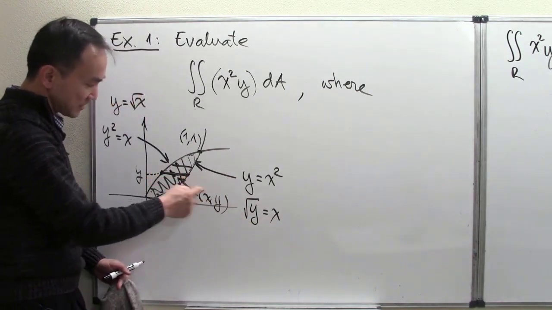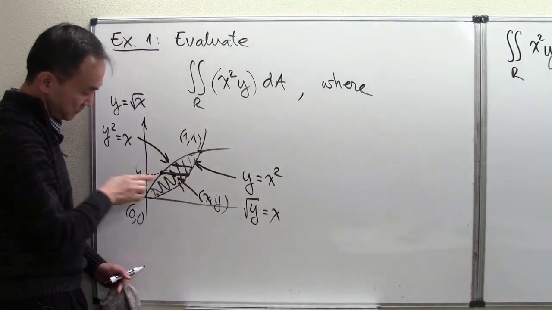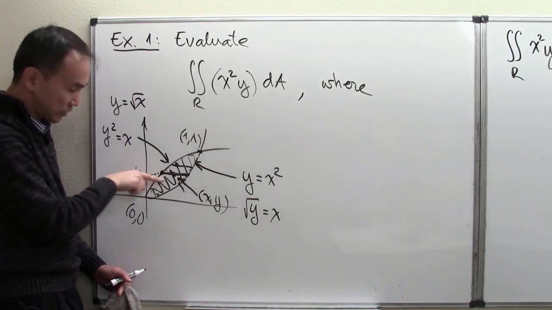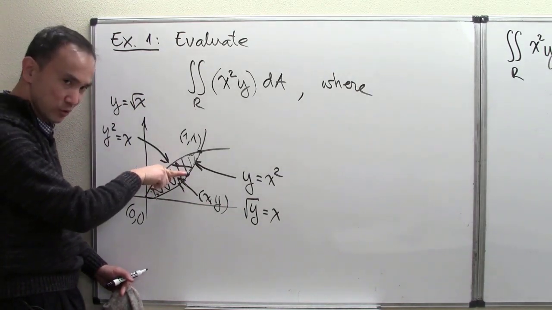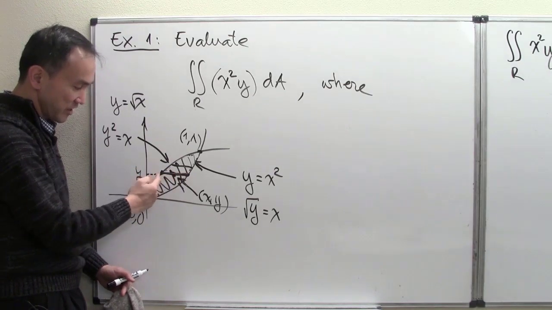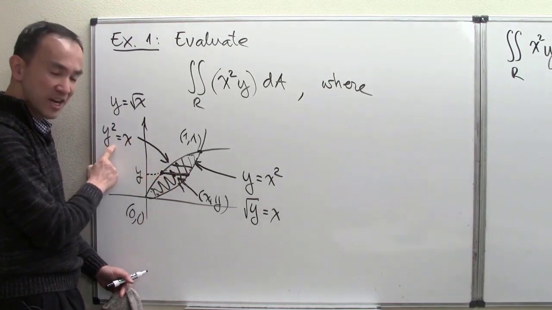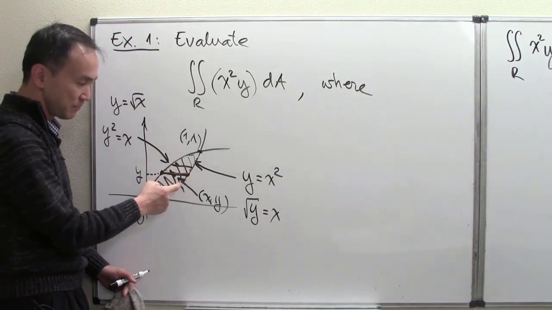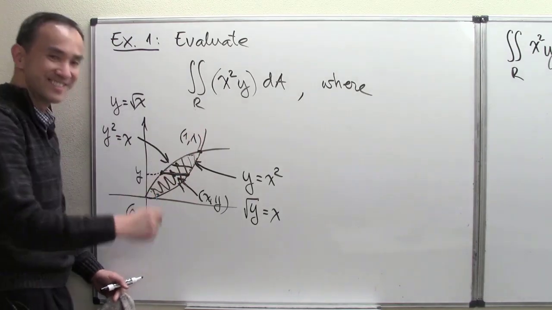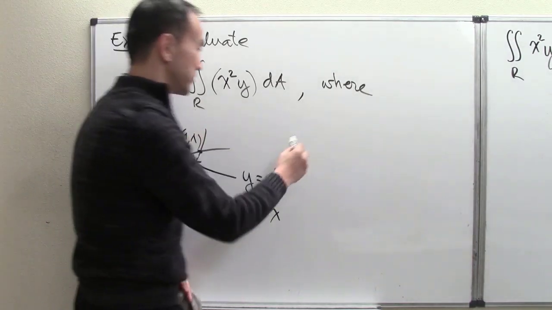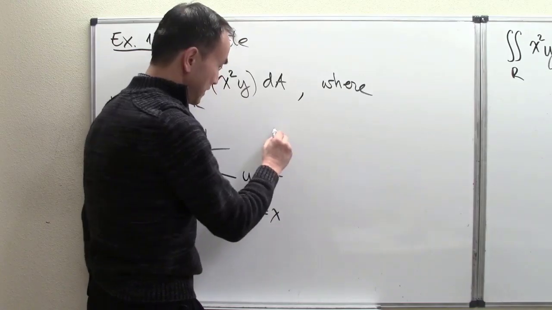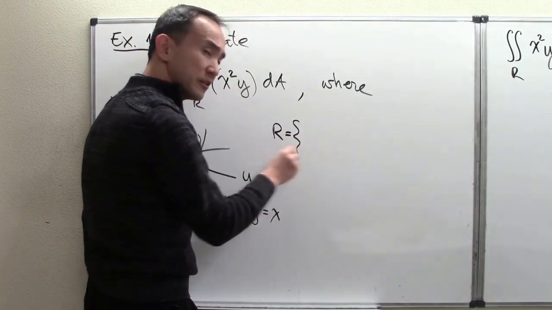So that's how I express this curve in terms of y. The way I'm seeing it, when we freeze a y value, we produce a horizontal stripe. x changes anywhere from the left curve, y squared, and ending at the other curve, square root of y. So the same region, I can describe a little bit differently.